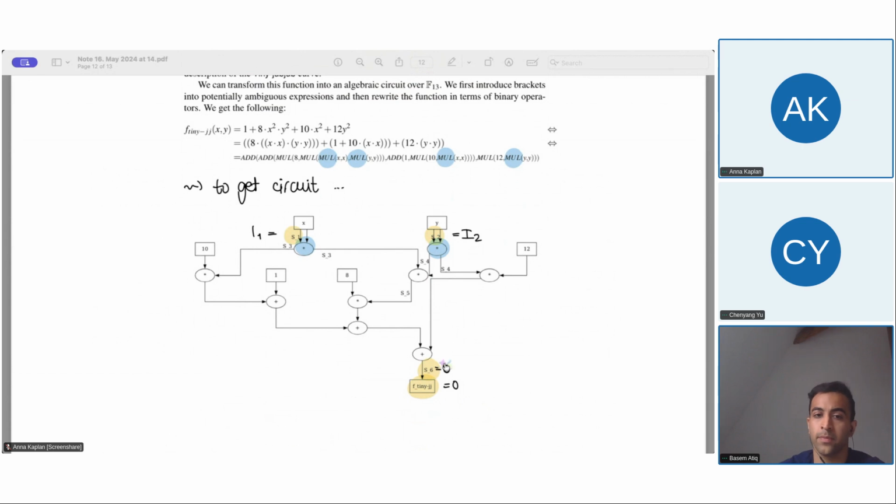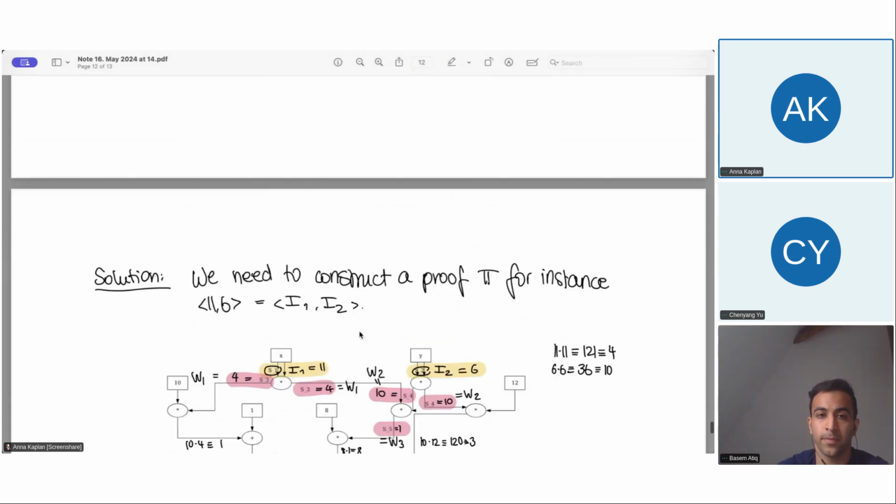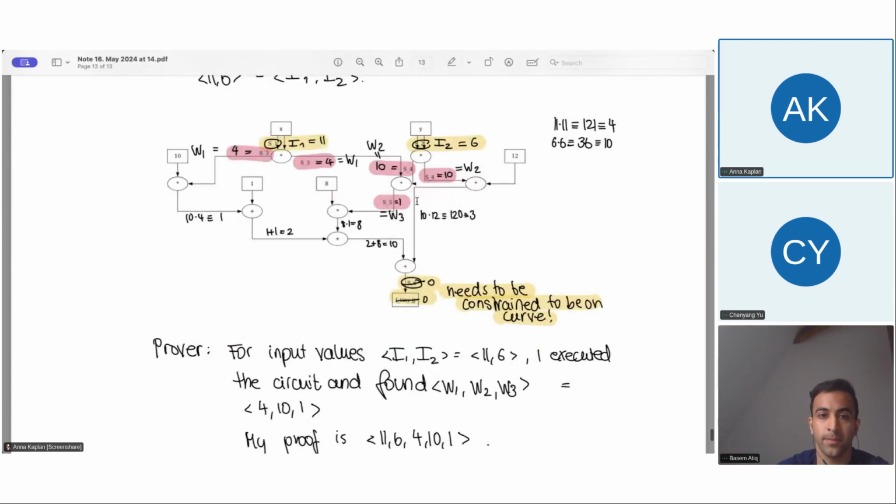So in this setting, exactly, in how I draw the circuit, it's equivalent to the output of x squared, which in my setting is W1, multiplied with the output of y squared, which is W2.